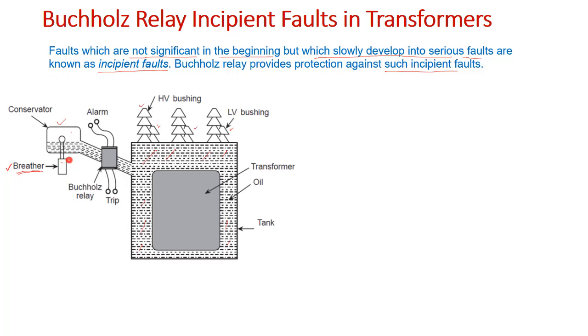This breather plays a very important role, because through the breather the transformer sucks air which is moisture free and free from all contamination and pollutants. So how is it possible? There are two components in the breather.